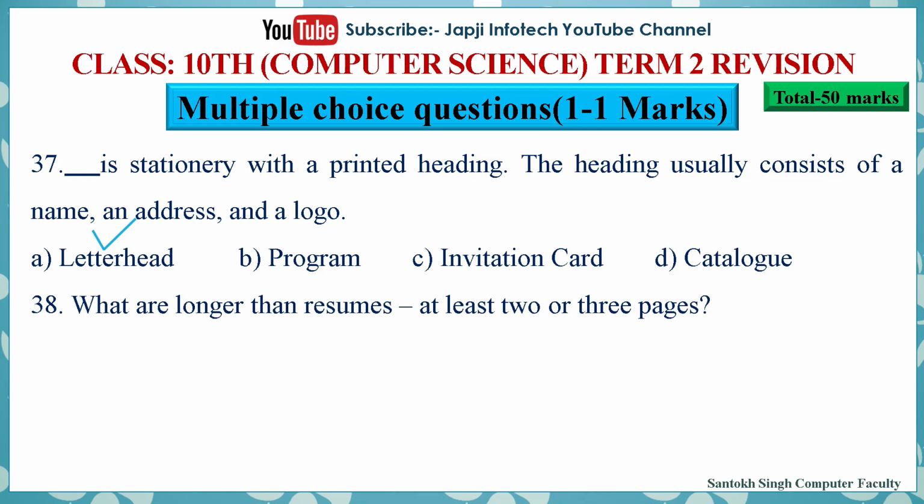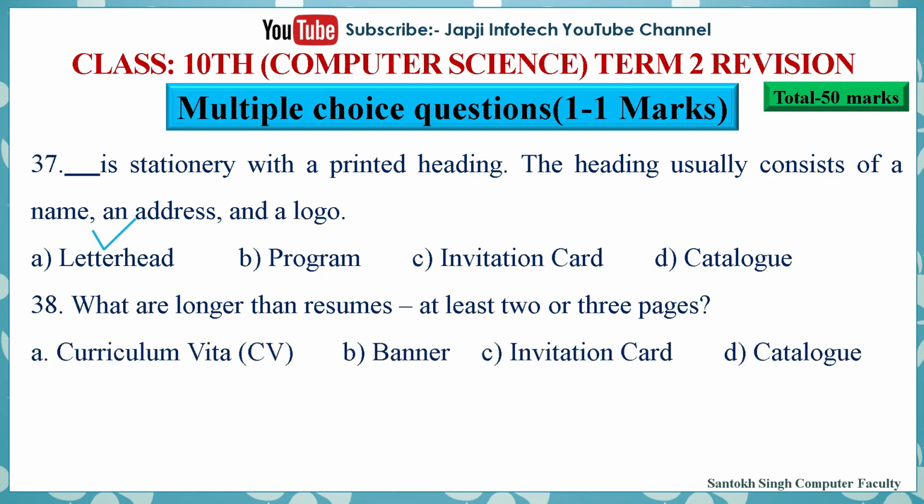And 38th one is what are longer than resume dash at least 2 or 3 pages, and the options are curriculum vitae, banner, invitation card, and the last one is catalog. So the right answer is curriculum vitae are longer than resume at least 2 or 3 pages.